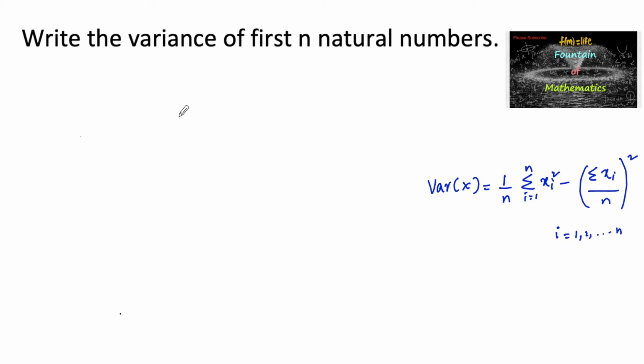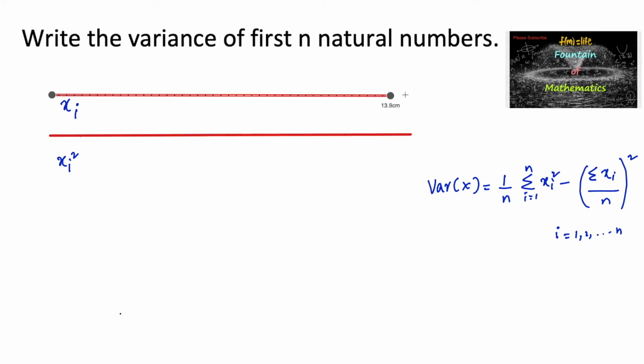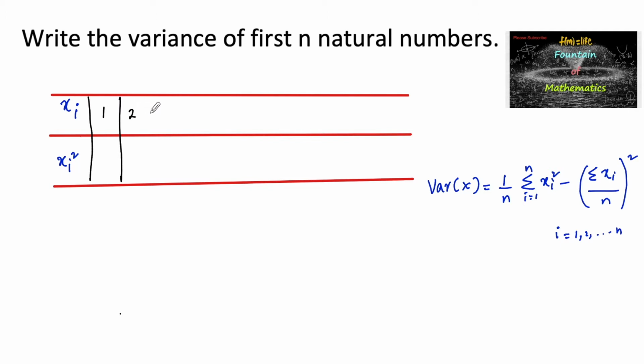So let us consider the observations. Take x observations and square of the observations. The observations are natural numbers, n natural numbers: 1, 2, 3, 4 and so on, n minus 1 and n.